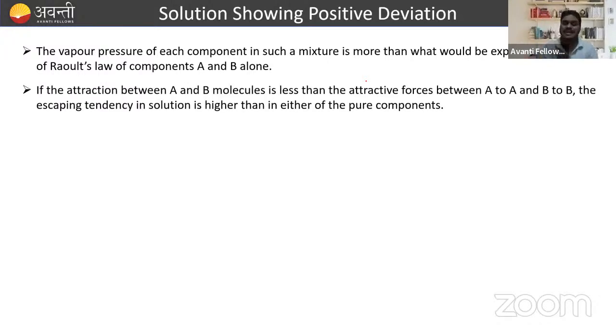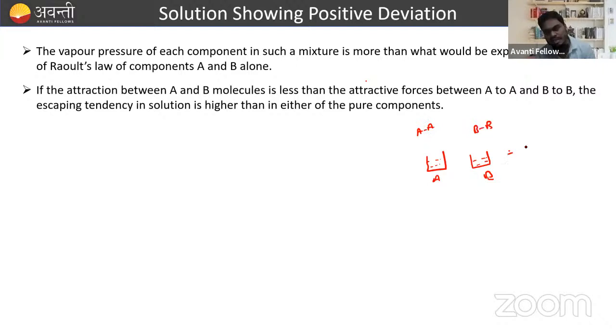Yes, if the attraction between the AB molecules, for example, let me show. This is liquid A and this is liquid B. So these are the liquids in their pure state. In A the force of attraction is AA, and in B there is BB.